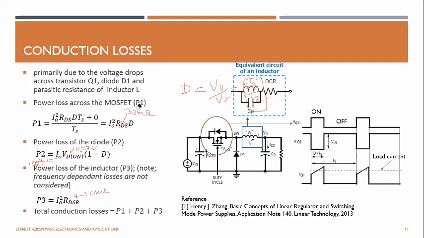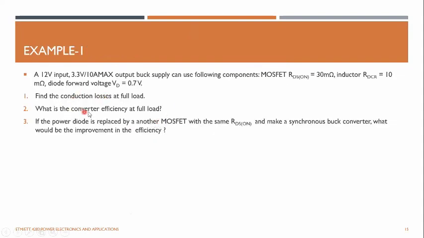All right. So I know you will have a basic understanding of calculating this one. So you can work on this example later, as I upload all these things. To find the converter efficiency at full load, the efficiency we know is P out divided by P in, or output power divided by input power, and input power is simply the output power plus P loss.